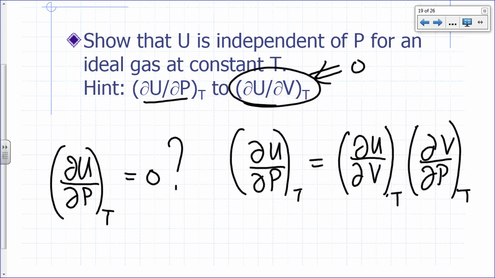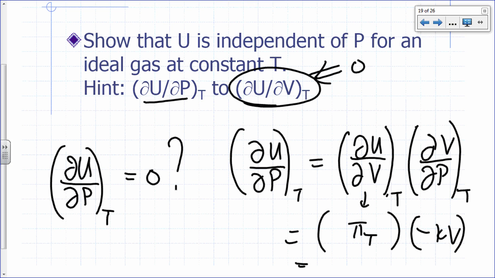Negative kappa V. Well, what is this one? Pi sub T, right? But what is pi sub T? 0 times whatever negative kappa V is, right? It doesn't matter.